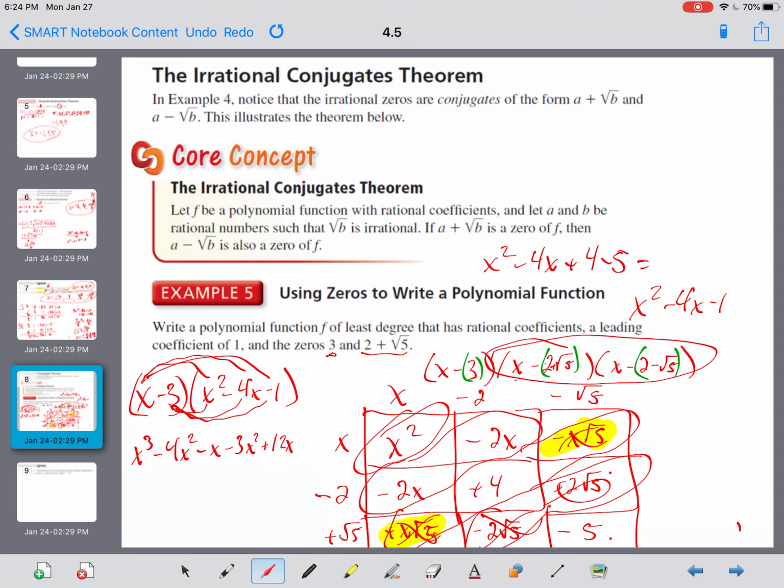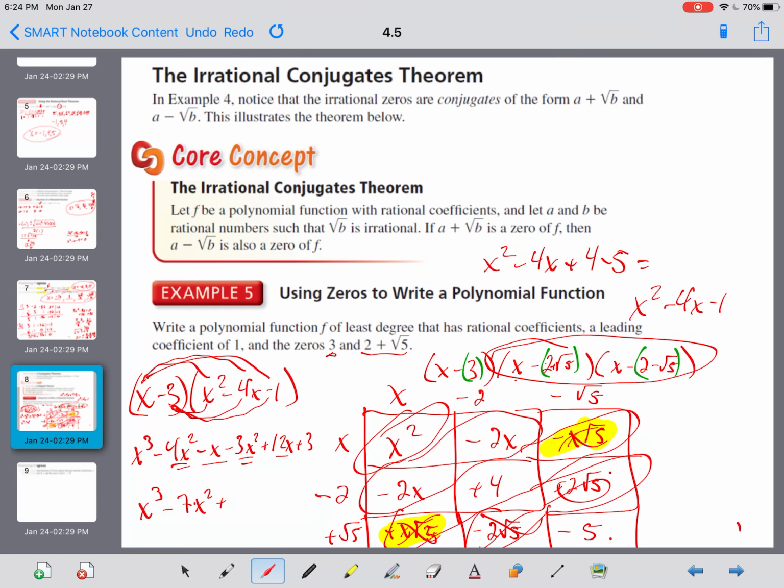And negative 3 times a negative 1 is a positive 3. X to the third minus 7x squared plus 11x plus 3 gets us those factors.